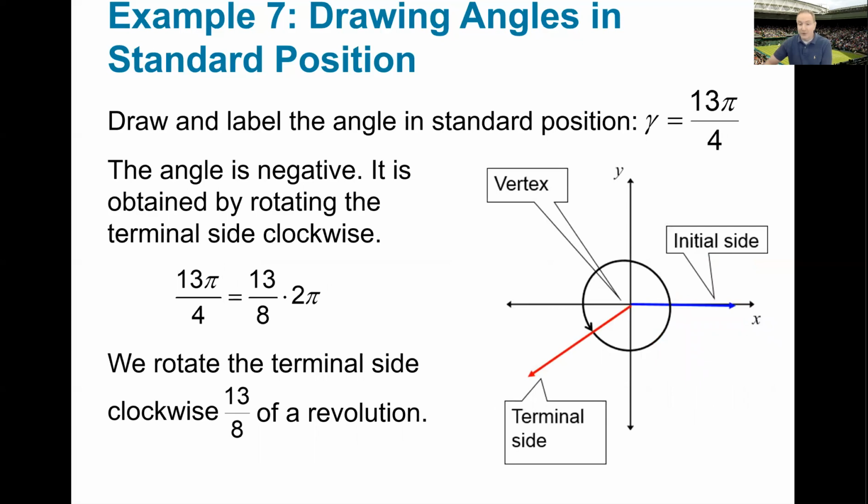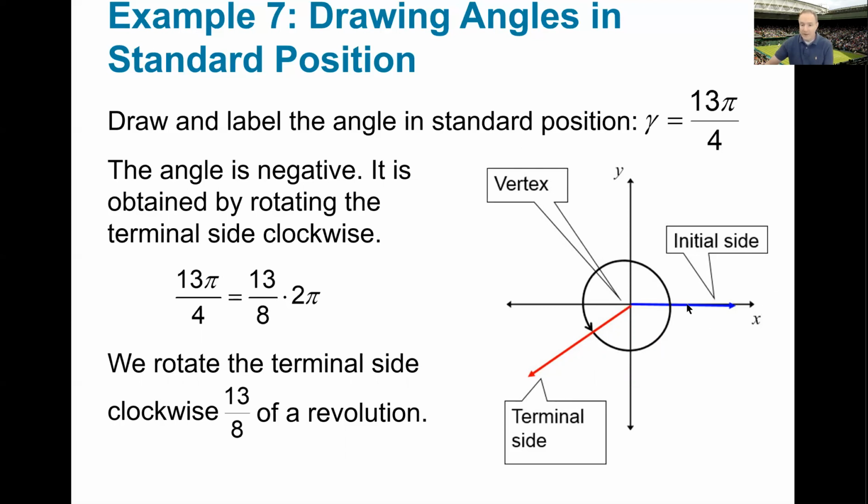When we're looking at 13 pi over 4, what we're going to have to do in that case, and my little arrow here doesn't show it too well, is think about rotating all the way around, that's a rotation of 2 pi. Well, 2 pi is the exact same thing as 8 pi over 4.